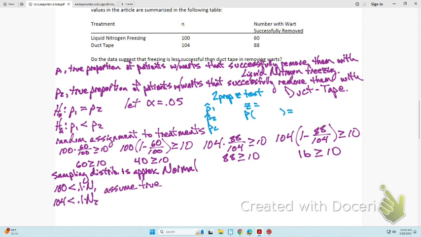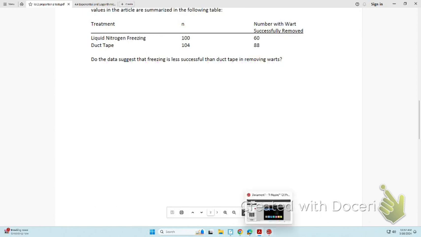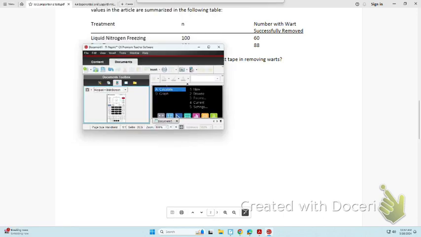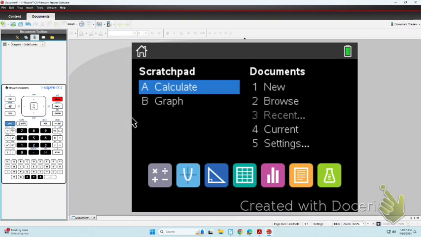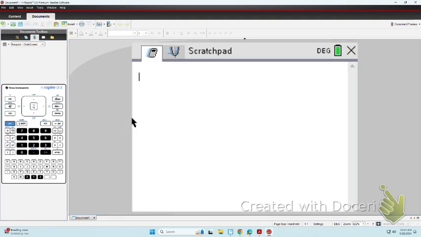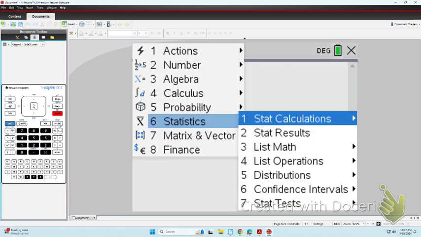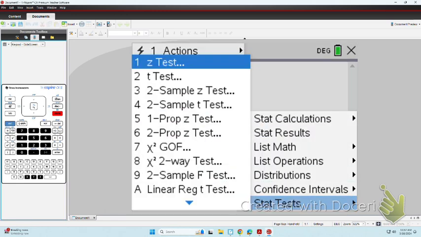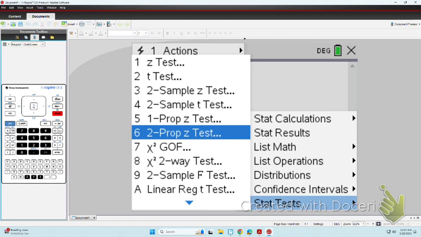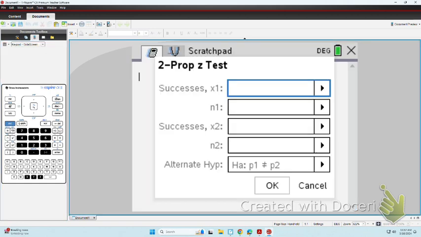All right, let's find it. So go to menu, stats, stat tests. We have a 2-prop z-test. These need to all be whole numbers.